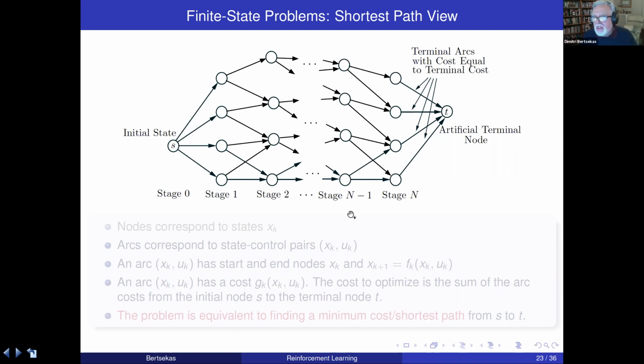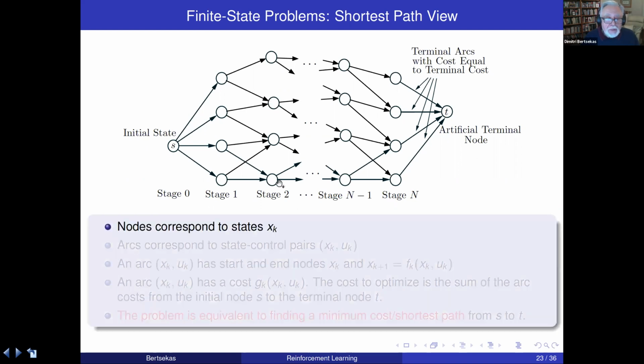So we can lay out the state spaces of the problem in a graph, and we can represent controls by these arcs of the graph, where given a state x1 and given a control u1, the arc represents the corresponding transition to the next state. So at this state, there are 2 controls available, and they lead from this state to that state, or from this state to that state.